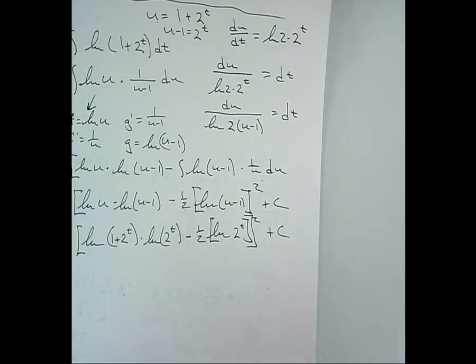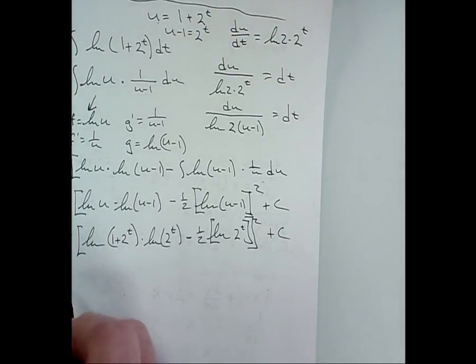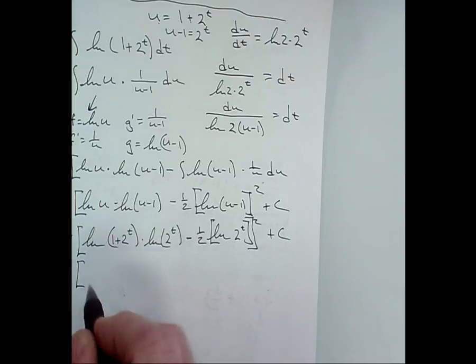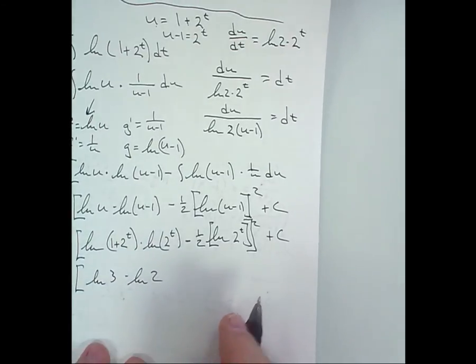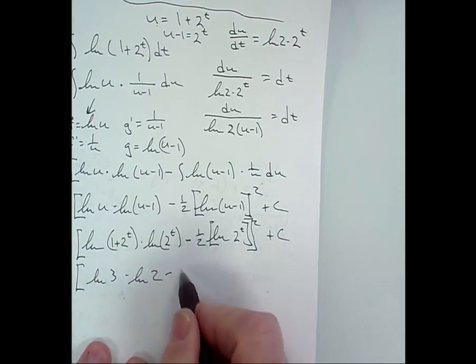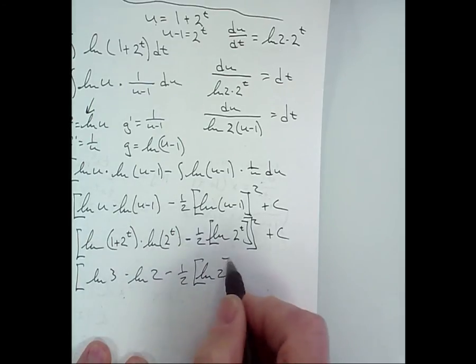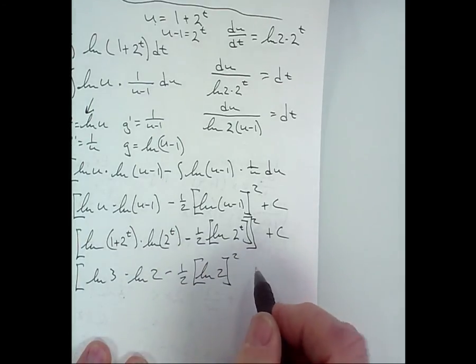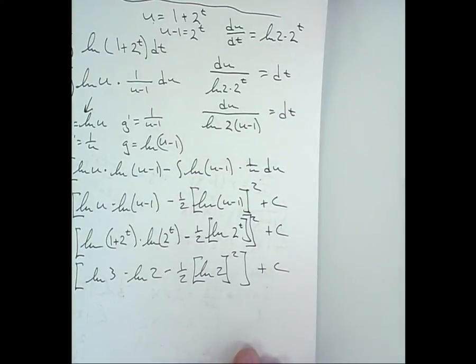So I can have 2 equals 1 over the ln of 2 times the ln of 3 times the ln of 2, minus 1/2 the ln of 2 squared plus c. And then I can solve it. That's the way I did it.